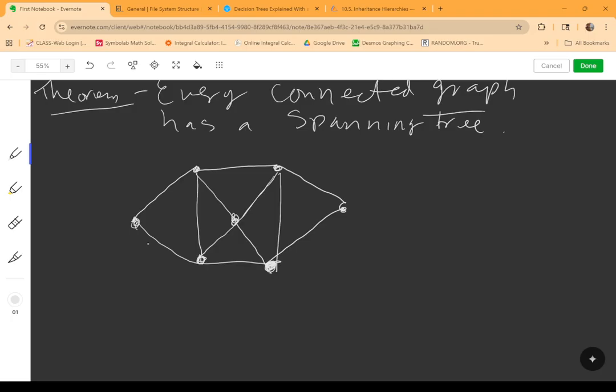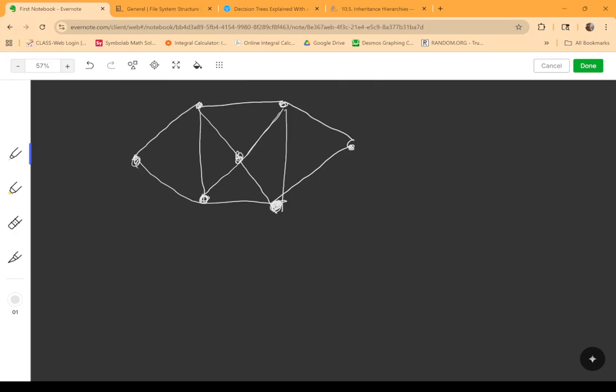We can see here that it has a cycle, and that is enough to tell me that this is not a tree. But we can have a subgraph where we define it, let's say, like this.